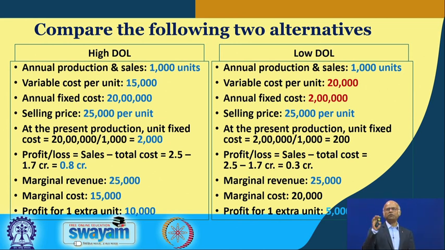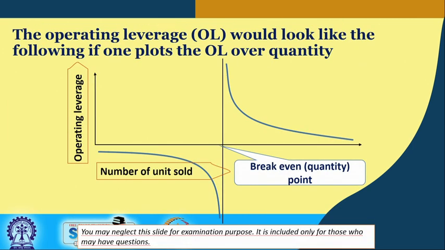In another, you have lower fixed cost, higher variable cost. At the end, look at the last line. Profit for every extra unit is 10,000 on the left, whereas profit for every extra unit is only 5,000 on the right. That shows the impact of high degree of operating leverage and low degree of operating leverage.